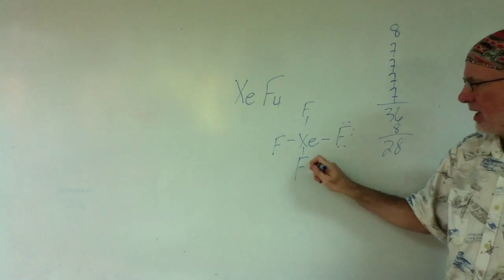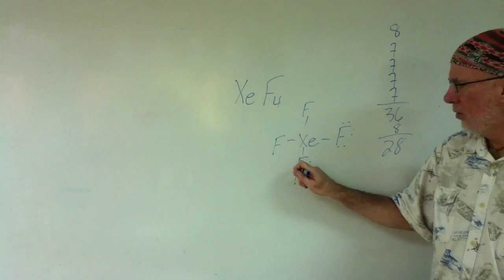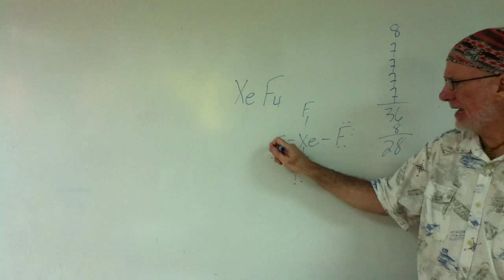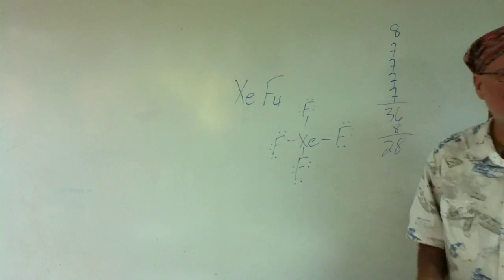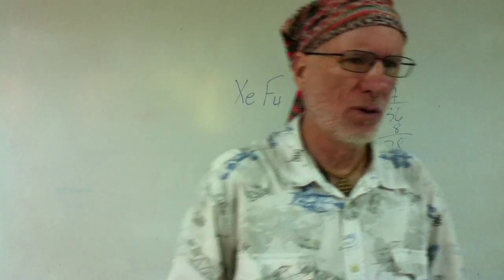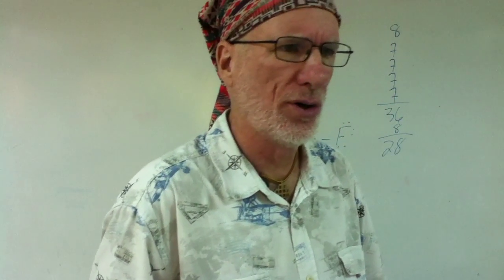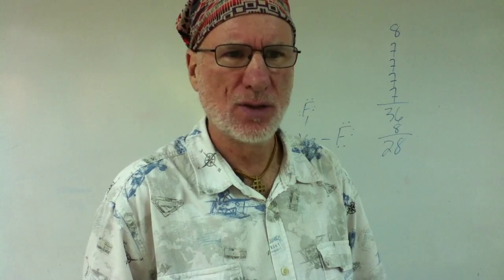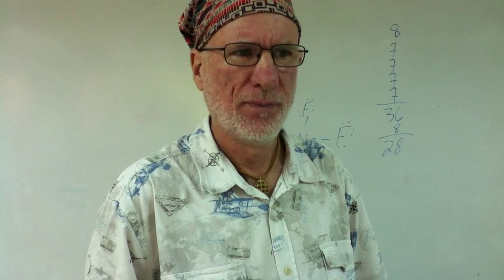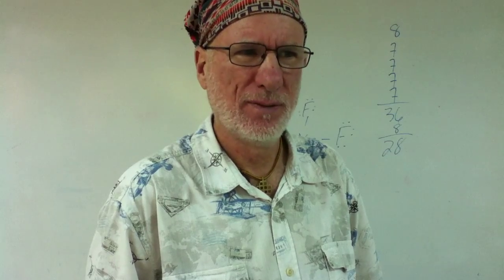You're going to satisfy the nearest noble gas. What noble gas is this emulating, the fluorine? Neon, very good. We don't say what? The Voldemort word in my class? I don't like the word octet, I hate that word.